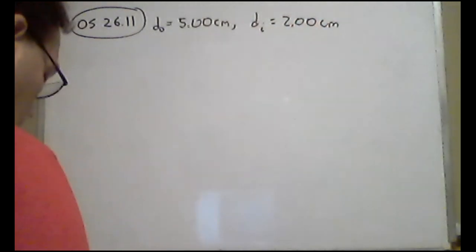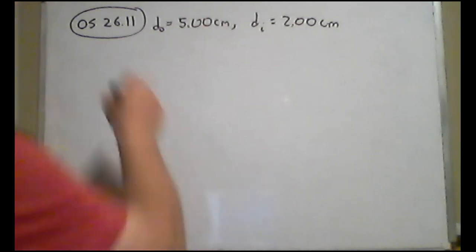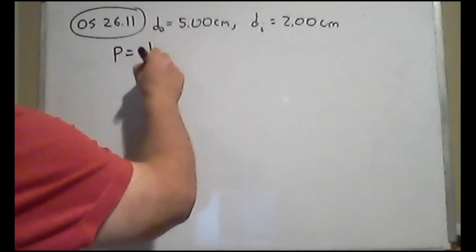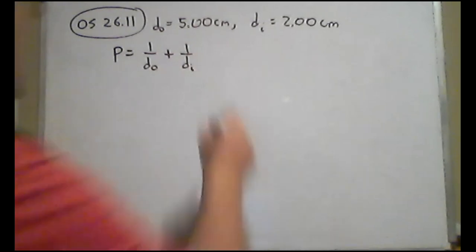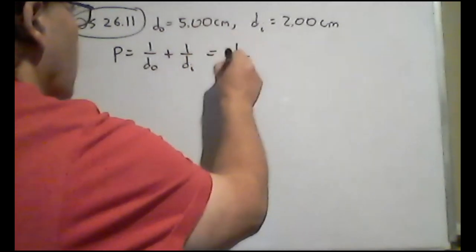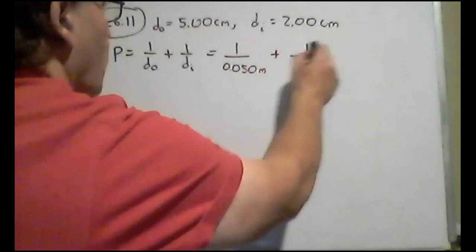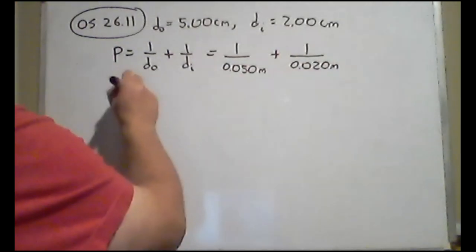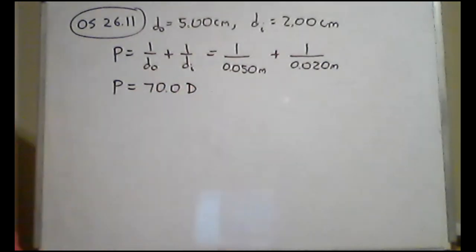All right. Now, what's the initial power of this person's eye? Well, do it right now. Use the eye doctor's equation. P is 1 over D sub O plus 1 over D sub I. And of course, I have to convert these to meters. So I have 1 over 0.050 meters plus 1 over 0.020 meters. I found out that this person comes into the office with a 70.0 diopter power. So that is pretty bad.